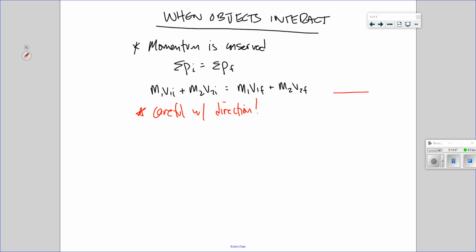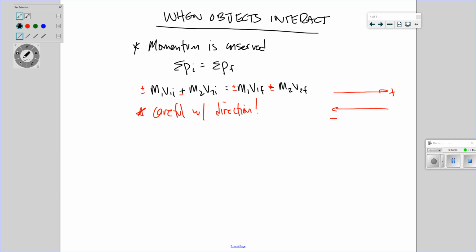So I would say something like, let's assign that way to be positive, let's assign that way to be negative, and we might have pluses or minuses here to account for different directions of different momenta. Okay?